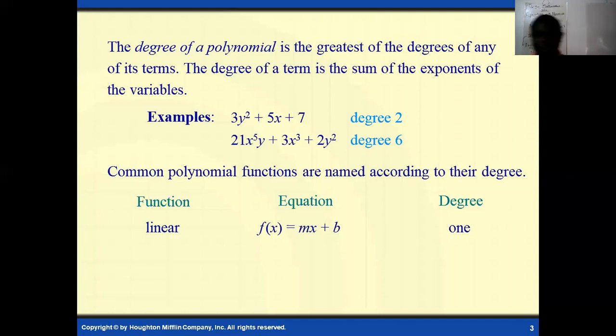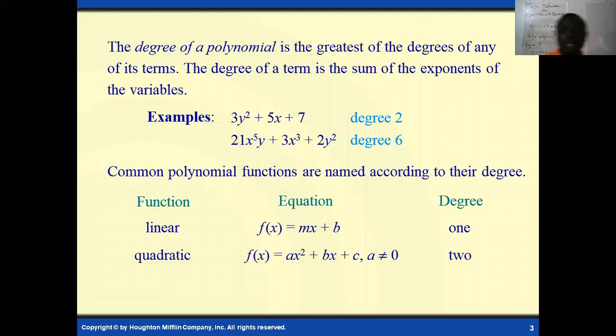Now, let's go on to see how we multiply, how we add, how we subtract, and of course, how we divide polynomials of different degree. But before we go on, the normal quadratic equation that you know is of degree 2.